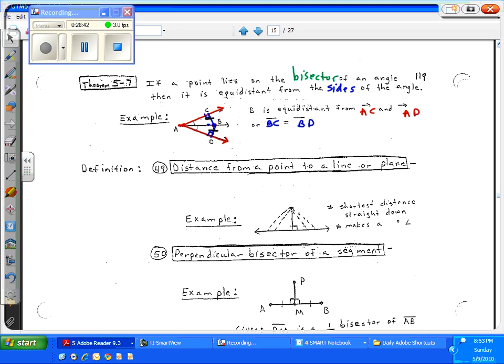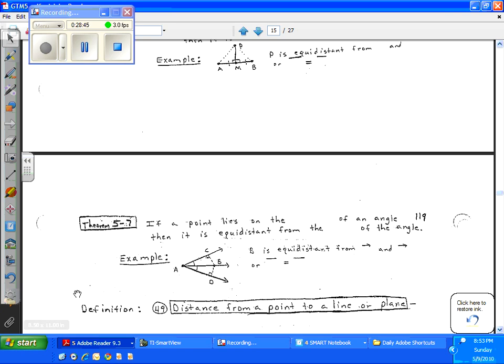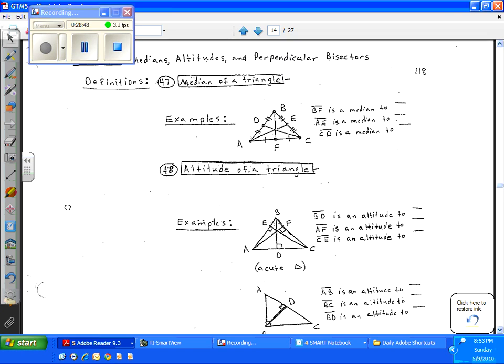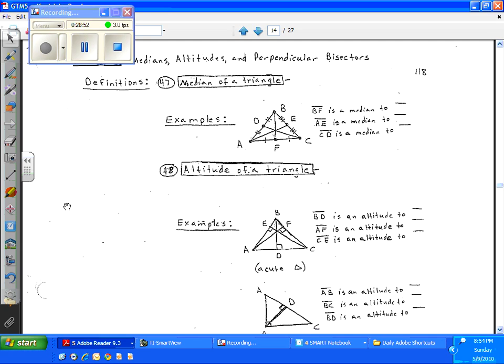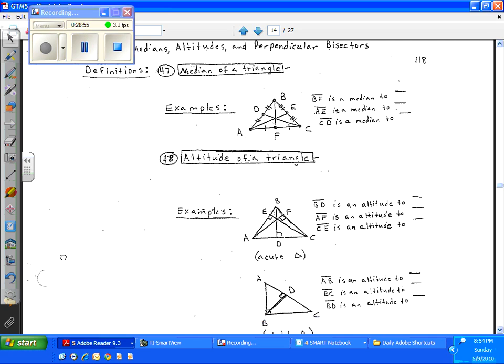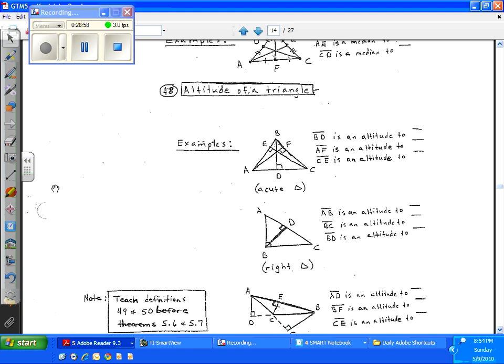So we talked about, as we review here, medians. A median is a segment from a vertex to the midpoint of the opposite side. An altitude is a segment from a vertex perpendicular to the line that contains an opposite side.